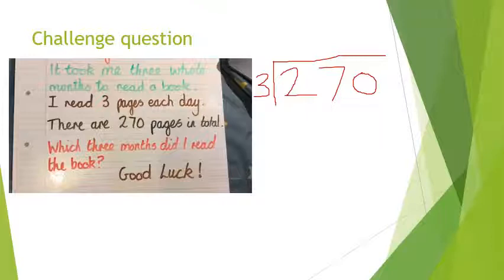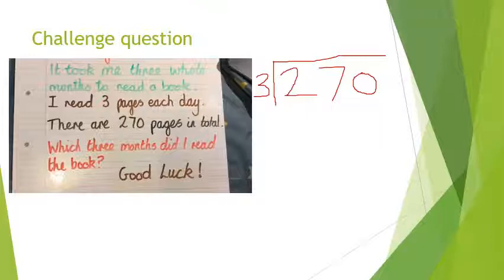So 3, 6, 9, 12, 15, 18, I think I might still be able to keep going, 21, 24, 27, oh 27. I'm going to stop there. Why do you think I might have stopped at 27?